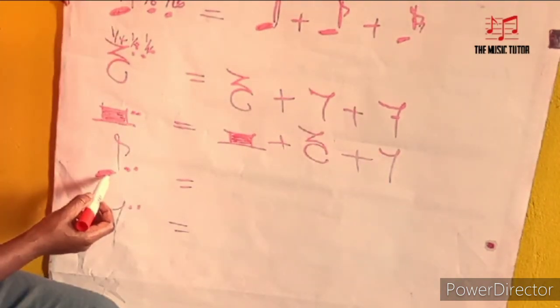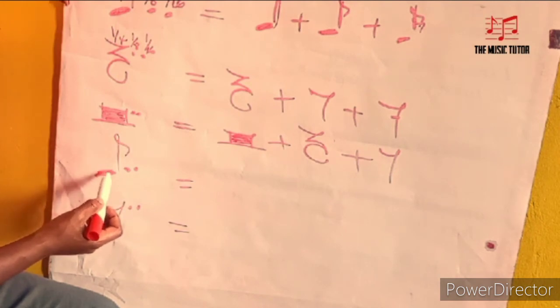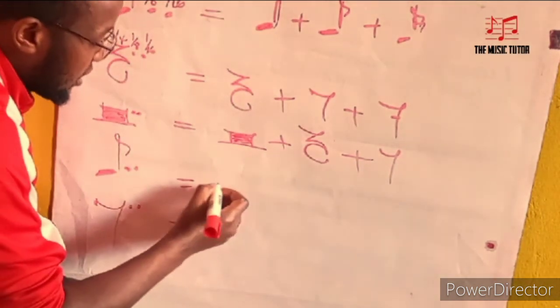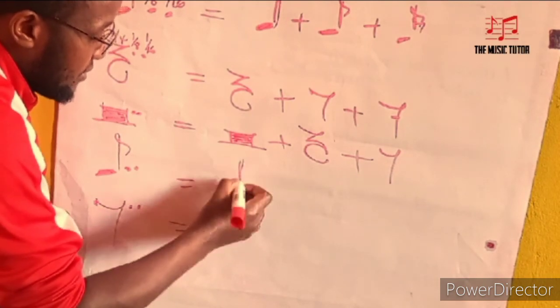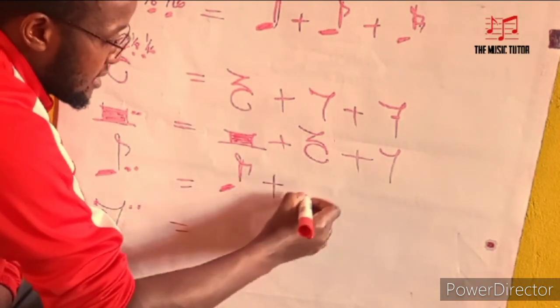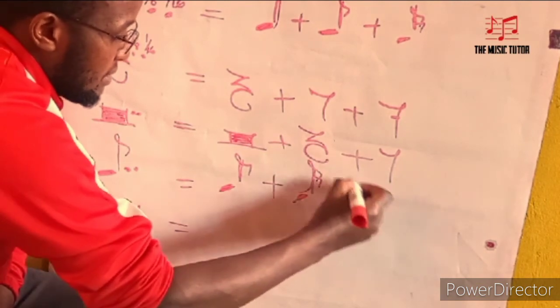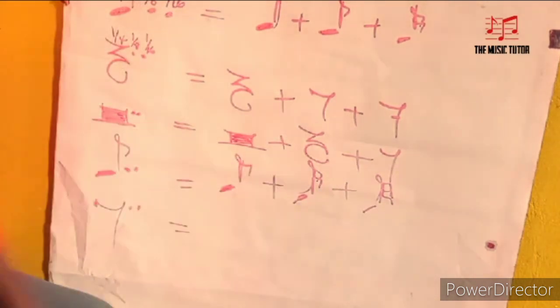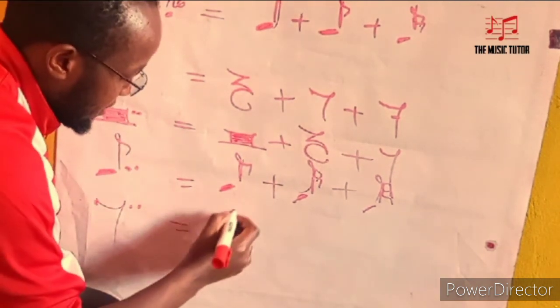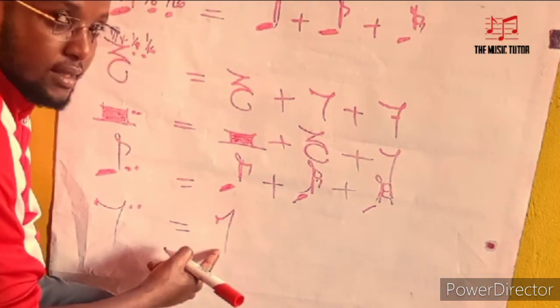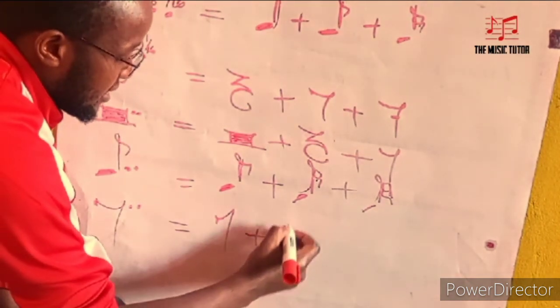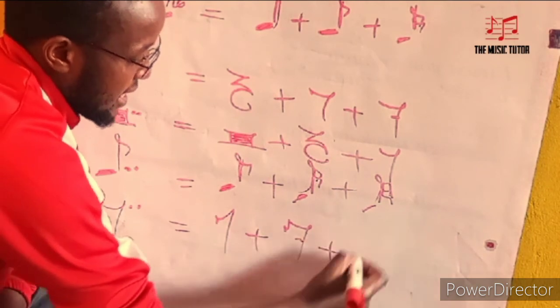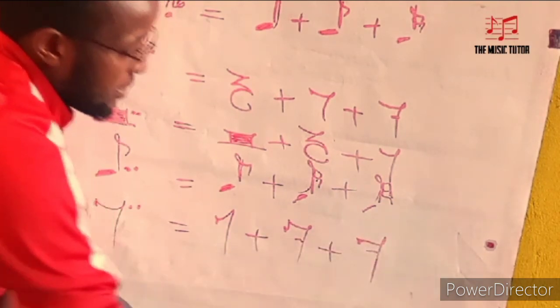This one is a double dotted quaver, meaning we shall have a quaver plus a semi-quaver plus a semi-demi-quaver with 3 flags. And this is the rest of a quaver, double dotted rest of a quaver, meaning we shall have the rest of a quaver plus the rest of a semi-quaver plus the rest of a semi-demi-quaver.